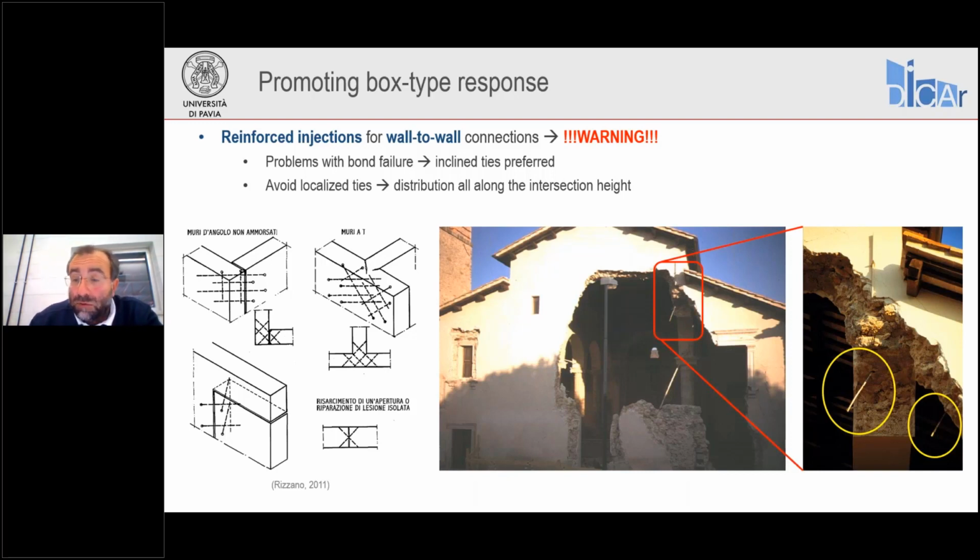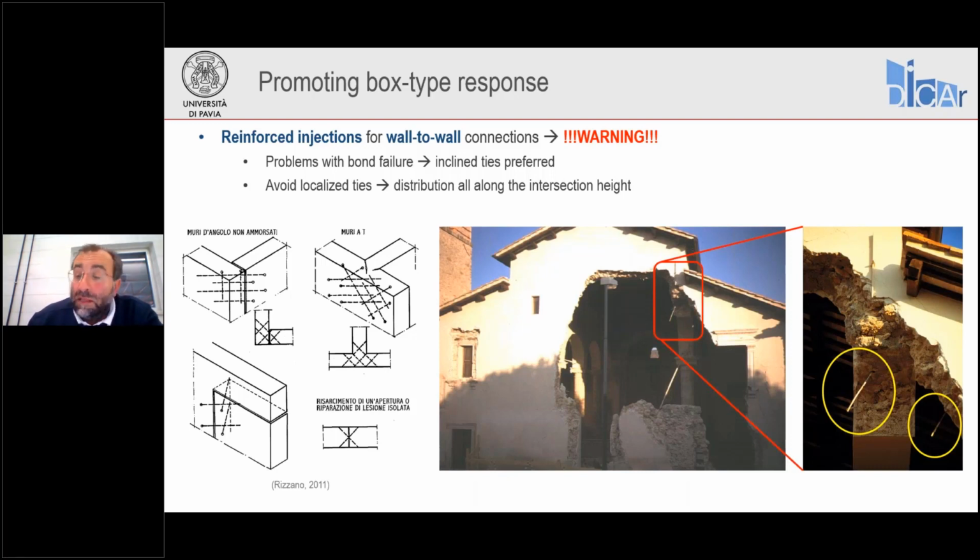As you see here on the photos on the right-hand side of the slide, the wall of this facade just collapsed, but you see it was connected only at one location with a rod, with a single tie that basically pulled off the facade.